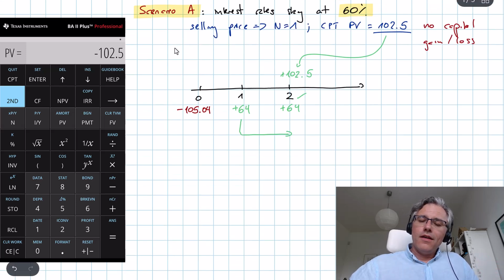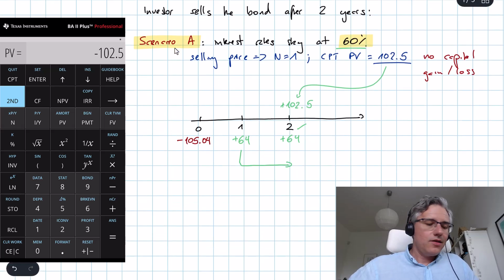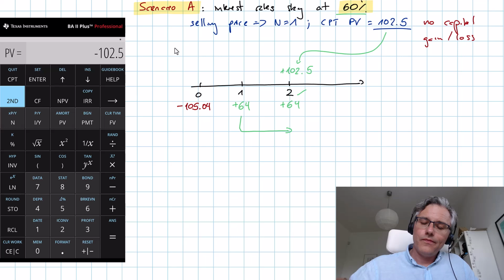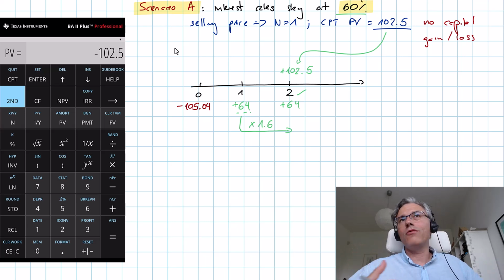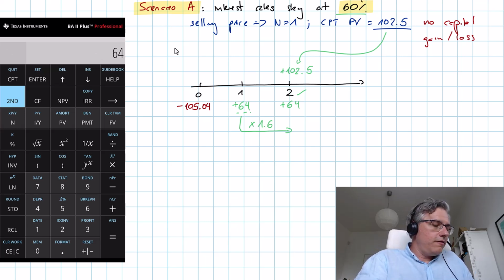Now, given the fact that interest rates throughout stay at 60%, this coupon of 64 will grow by a factor of 1.6 if it is reinvested until the end of year 2. So let's do this on the calculator. 64 times 1.6 gives a pretty impressive 102.4.